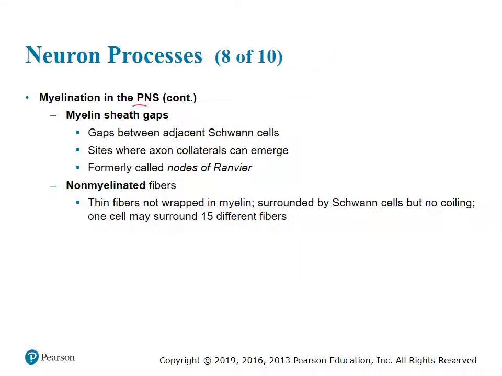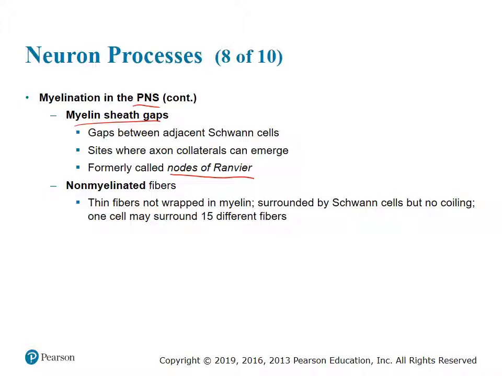In the PNS, you're going to have these little gaps in between the myelin sheath. So it's not completely myelinated. There are going to be spaces along the axon that don't have myelin. We used to call those nodes of Ranvier. I don't think that gets used a lot anymore. In science books, we call them myelin sheath gaps, right?